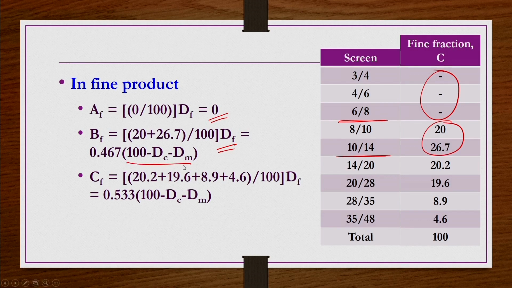We can write df as 100 minus dc minus dm, because dc plus dm plus df equals 100, that is the feed. Similarly, Cf is the finer material in the fine fraction, all that is passing through 14 mesh is counted as finer material. So, 20.2 plus 19.6 plus 8.9 plus 4.6 by 100 multiplied by df, that is 0.533 df, where again df we can write as 100 minus dc minus dm.